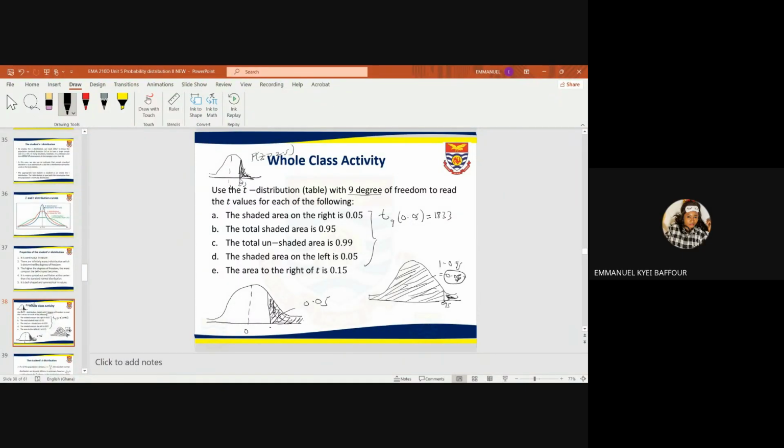So if we calculate the probability, the whole of this shaded region is the probability that we have calculated. But this question is telling us that a shaded region has been given, and we are to look out for, in terms of the t distribution, the t value that corresponds to this particular shaded region.